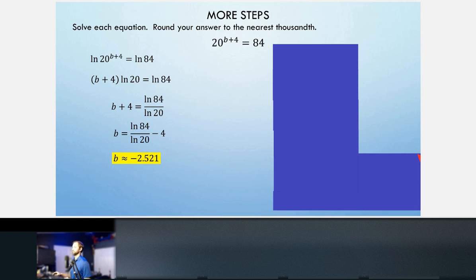Nope, nope. Don't jump right to logs yet. We want to just rewrite that 20 raised to that power as something else. Think back to last week. So remember last week I had a slide and I had a box up here and it was filled in with blue and it was the same base property and we had to use it to go backwards.